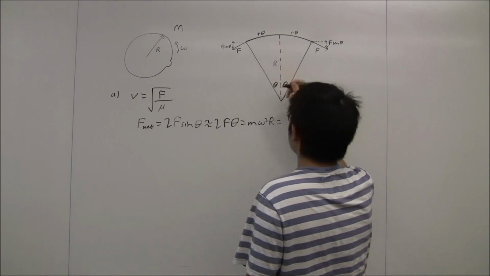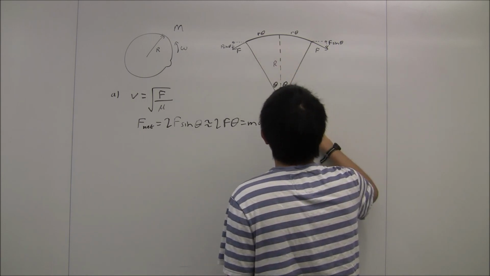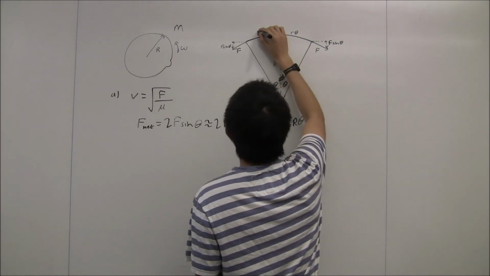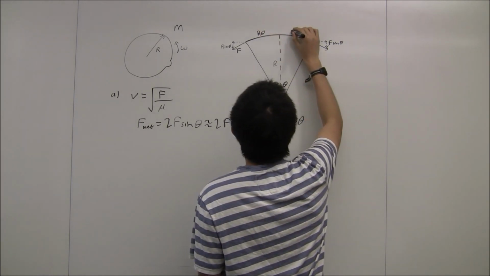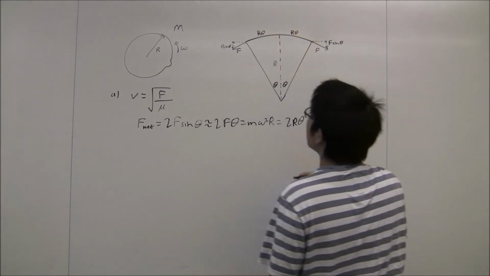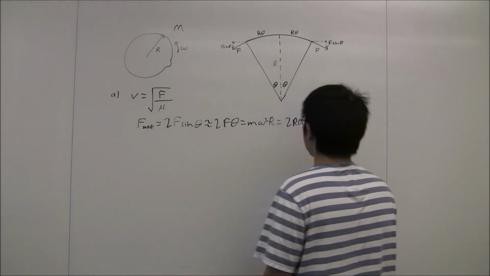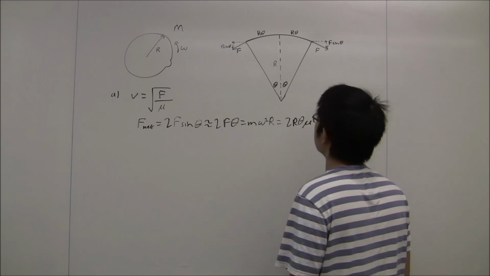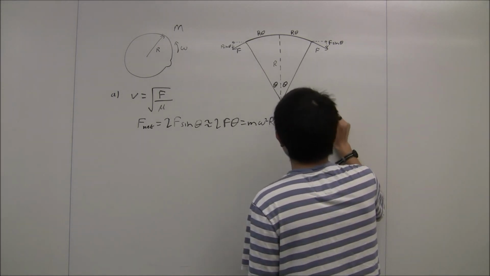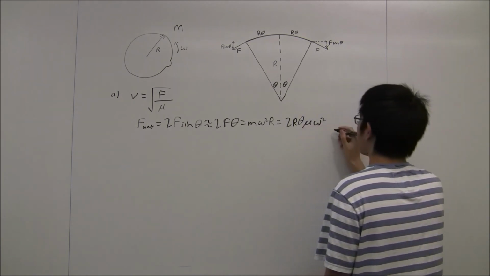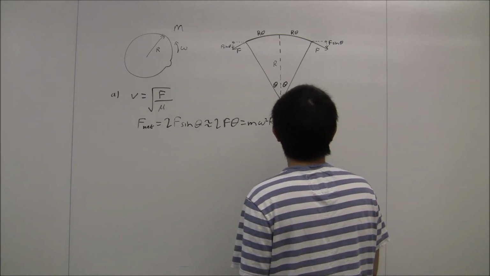So the total length of our segment is 2 times big R times theta. Sorry, this should be big R. And that multiplied by mu is going to give us our mass for the isolated segment. So the total net force is 2 big R theta times mu times omega squared times big R.